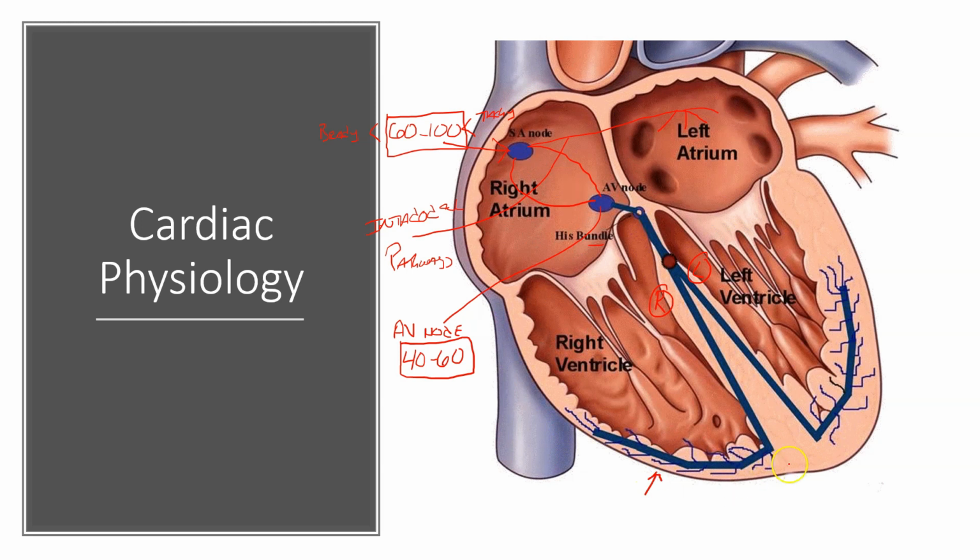So our Purkinje network is all through here. It is going to fire at a rate that is typically 20 to 40.